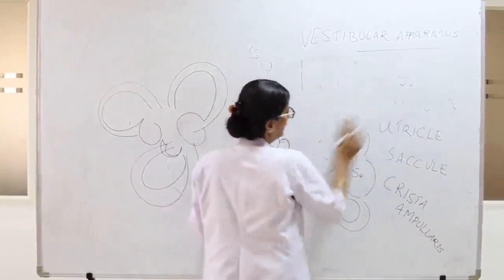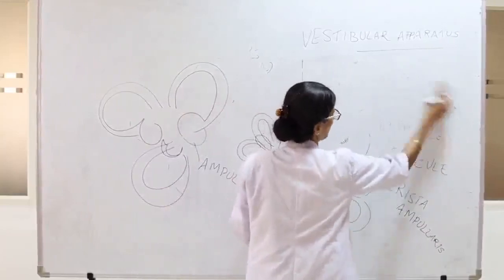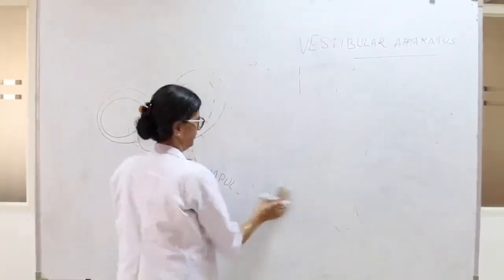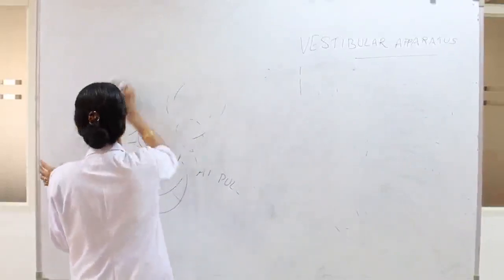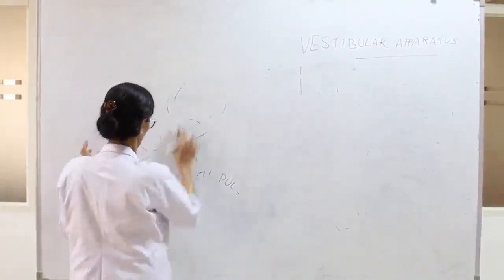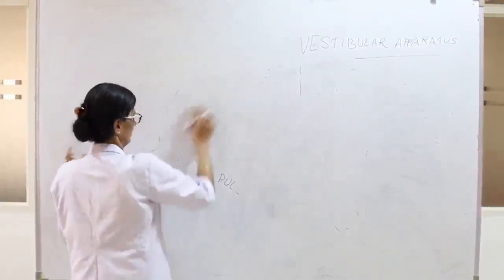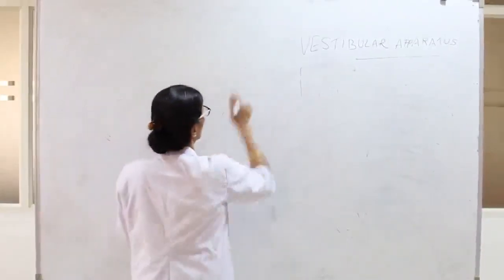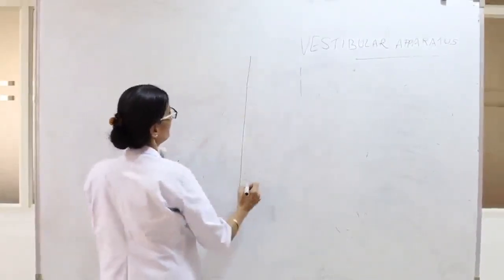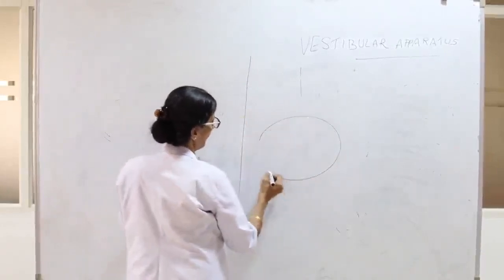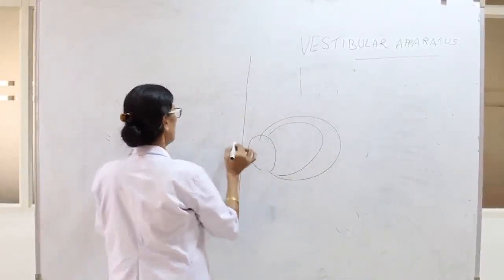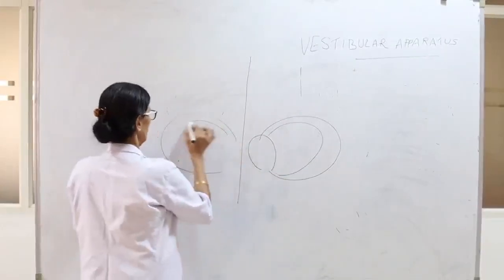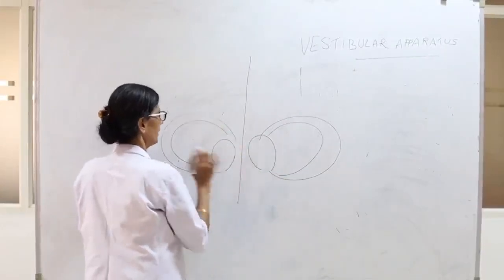Now when we go into the details of this structure, there is a sensory receptor. For easy learning, we will consider the horizontal canal so that it will be easy to draw and learn. Let us consider this as the midline, where we have the horizontal canal with the ampulla at one end, and here again we have the semicircular canal with the ampulla at one end.